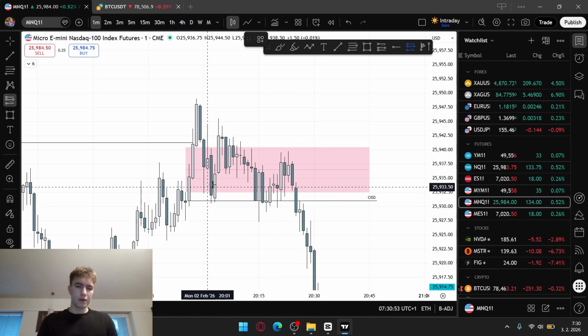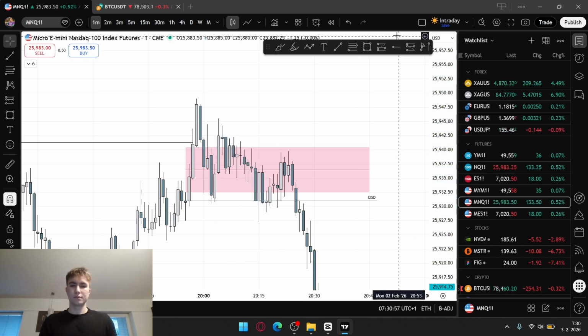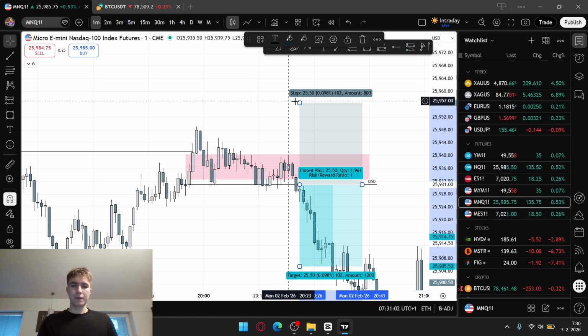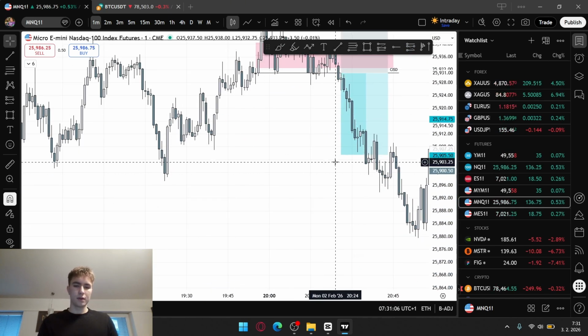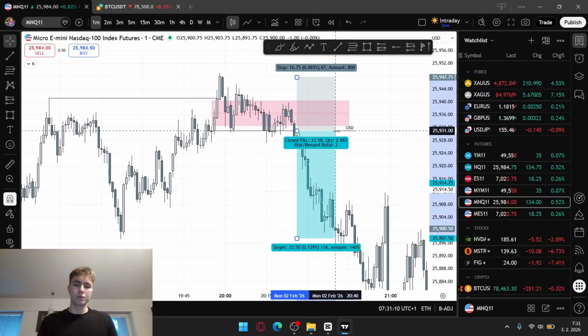and entry. You might enter right after the inverse, but entry would be somewhere here after the change in state. Stop loss above the level and take profit even just here, like a nice 1 to 2 risk to reward.